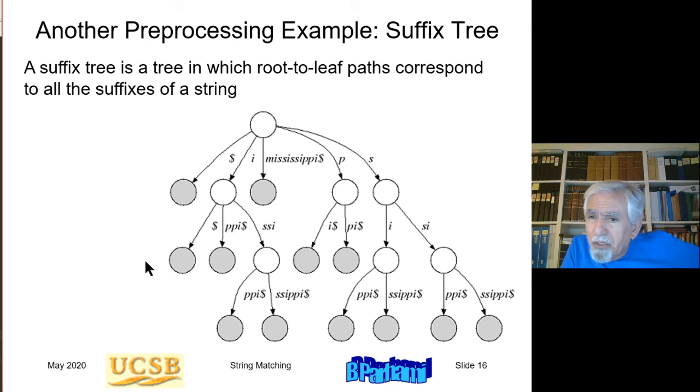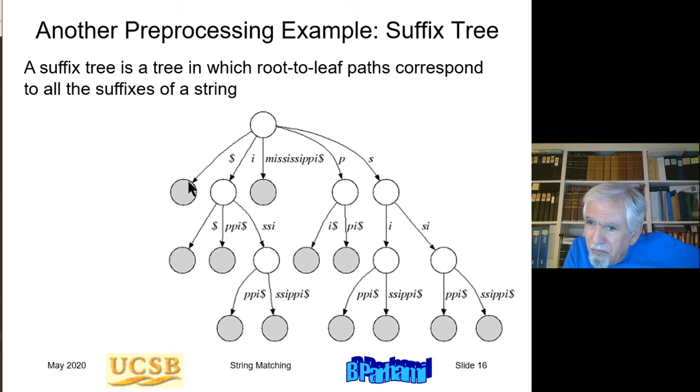with sharing done. So all the suffixes that begin with I basically are here. All the suffixes that begin with dollar are here. So there's just one suffix that begins with dollar.